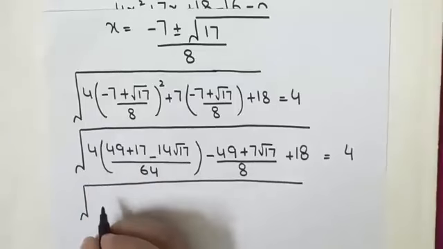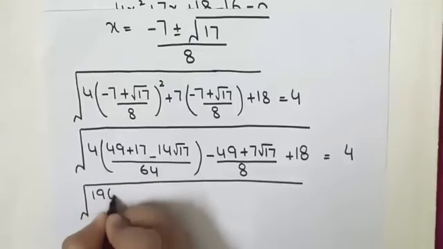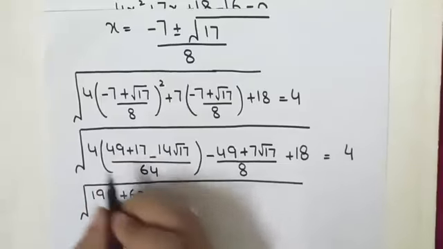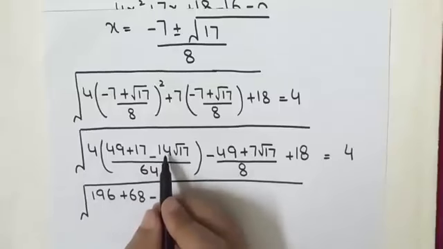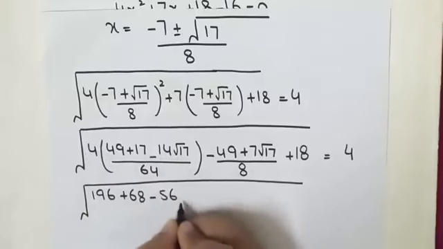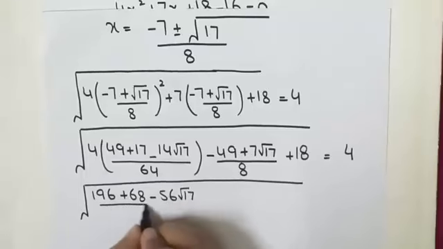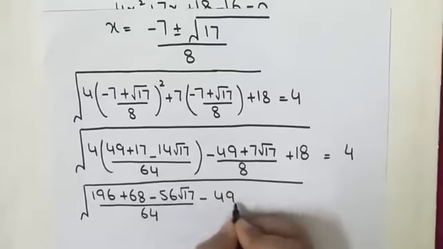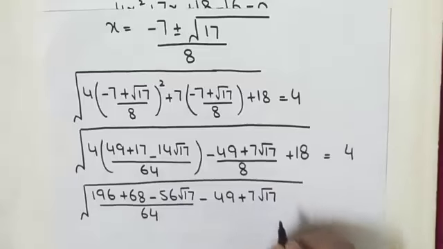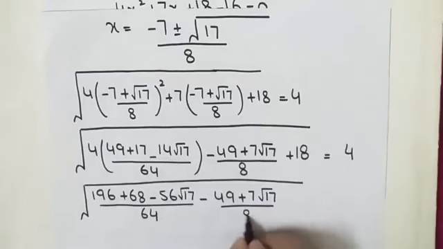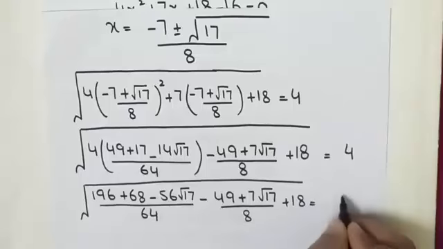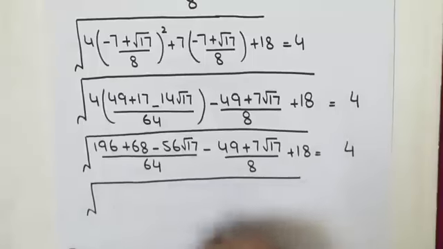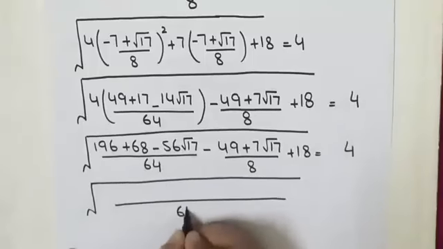Now 49 into 4 times is 196, 17 into 4 times is 68, plus minus is minus and 14 times 4 is 56 under root 17 over 64, minus 49 plus 7 into under root 17 over 8 plus 18. This is equals to 4. Now we will take LCM, which will be 64.